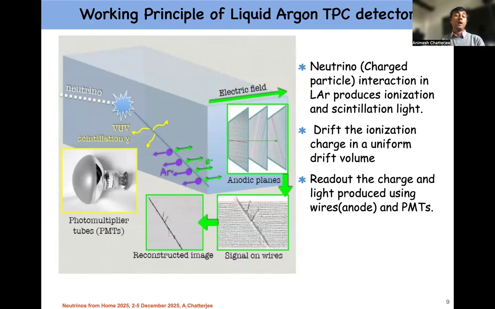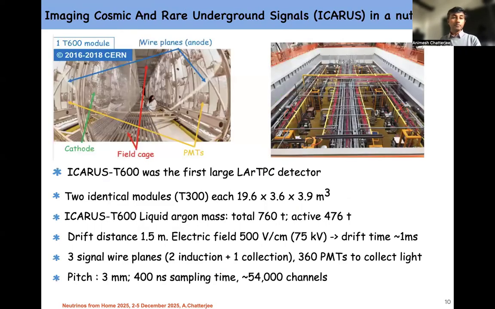The ionization electrons drift using the electric field and are finally collected by the wires, and the scintillation light is collected by the light collection systems, both for the ICARUS and the SBND detector. Now, ICARUS is the first large-scale liquid argon TPC detector, with two identical modules of T300, a total active mass of 476 tons. The drift distance of ICARUS is 1.5 meters.